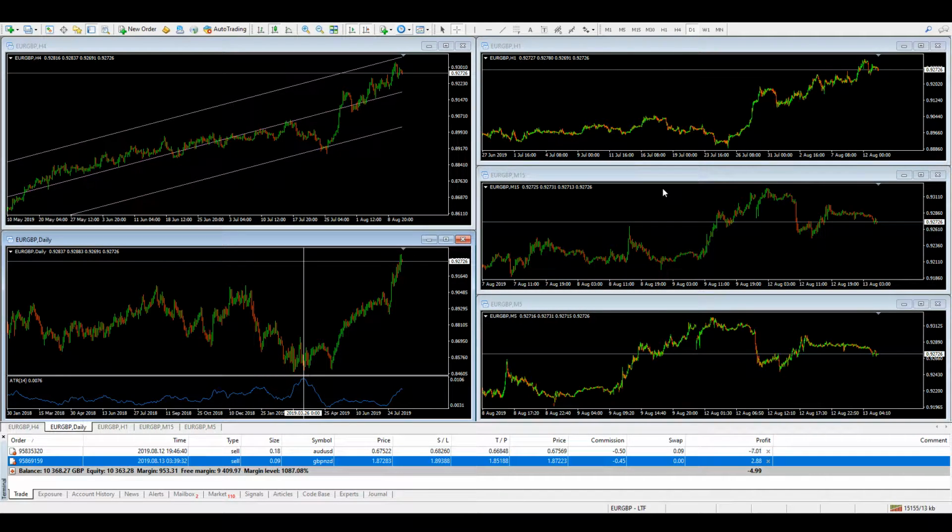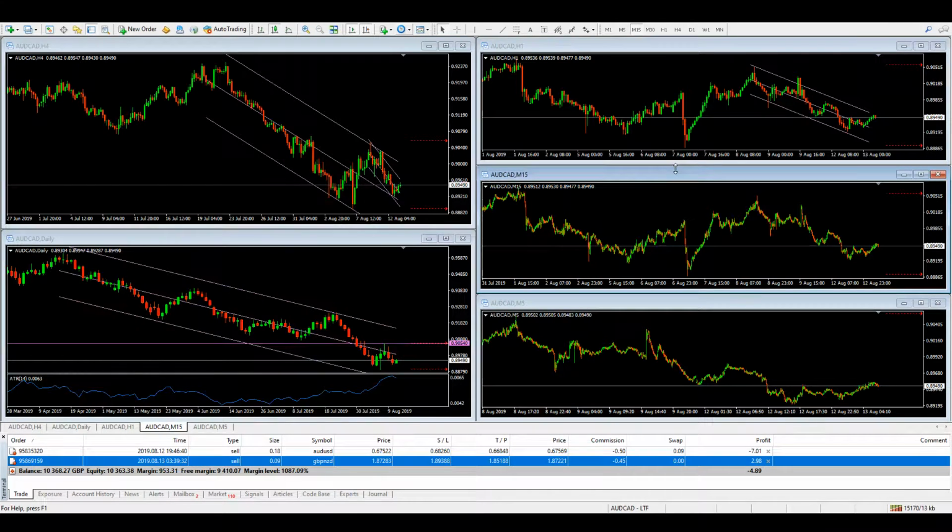Especially, it makes me chuckle sometimes that some of the alert providers or educators, in inverted commas, would describe their success in terms of pips, or have a strategy that is very similar in terms of making X amount of pips across lots of different currency pairs.